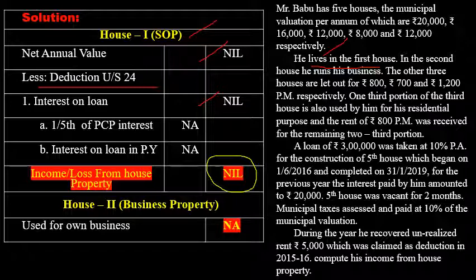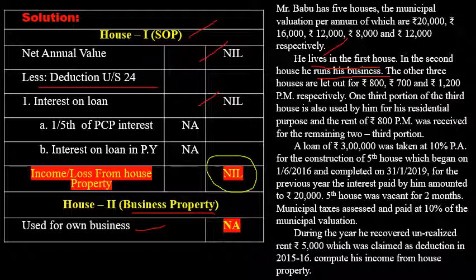The second house is used by him for his own business. In the second house, SSC runs his business, so it is a business property. Whenever a house property is used for own business or own profession, it should be assessed under business income or professional income, not under income from house property.